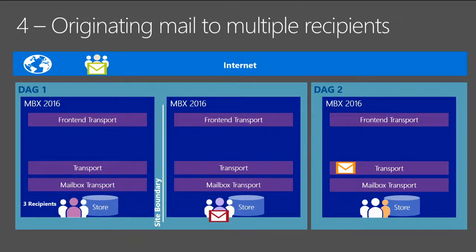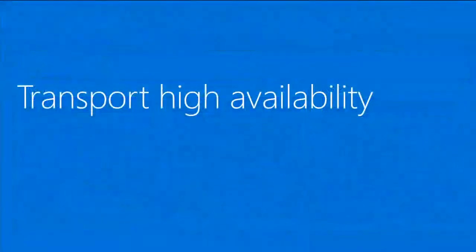The transport service does not have the ability to send a piece of mail to the mailbox transport service outside its DAG. So it only delivers that mail within its DAG. If it finds out that there's a user that belongs to a different DAG, it'll send it to the other transport service to do its thing. That transport service will process the mail and send it to the local box. So that's routing for you really quick.